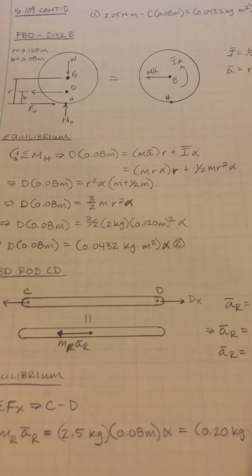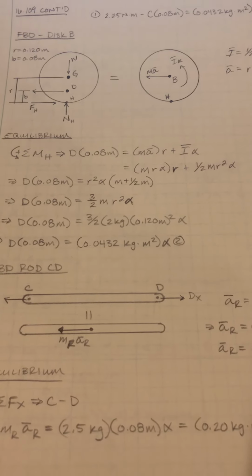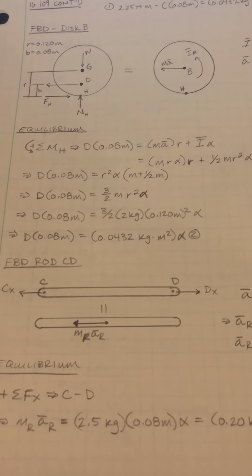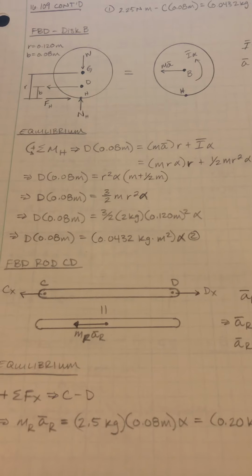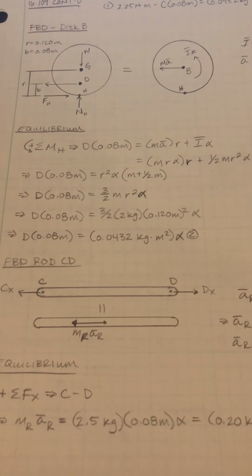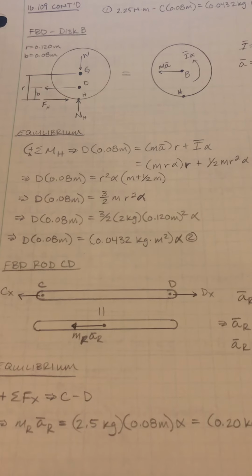Manipulating that, adding in the equations, we find that our second equation is D times 0.08 meters is equal to 0.0432 kilograms per meter squared times alpha.